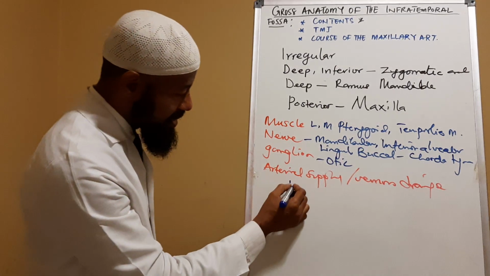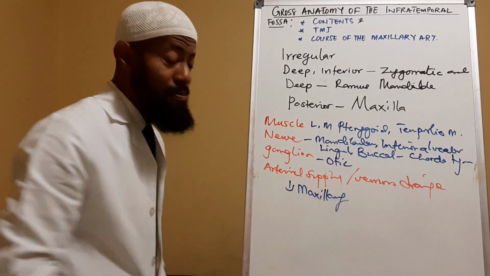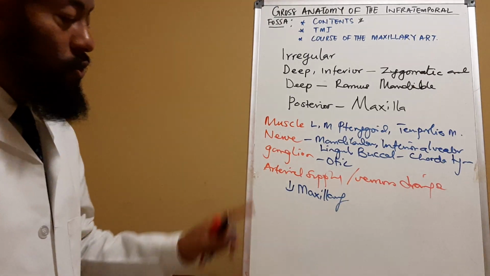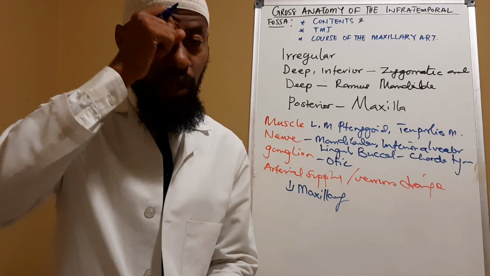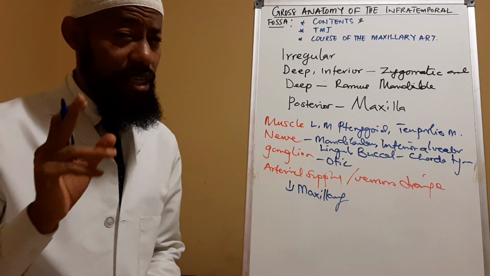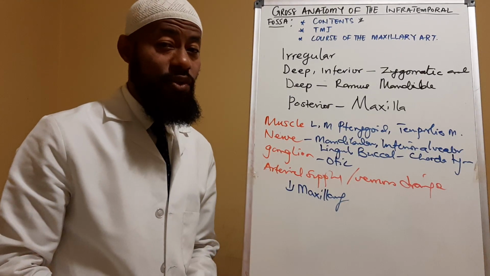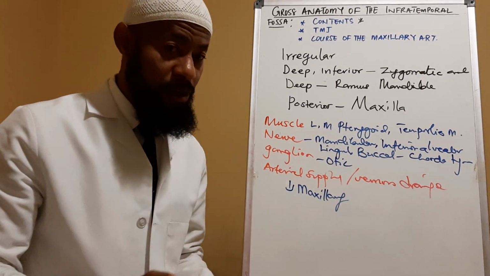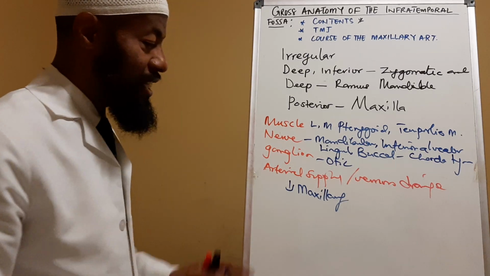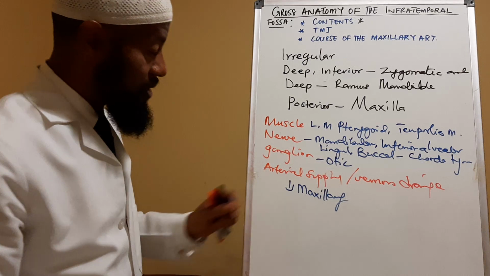The artery that is there is the maxillary artery. We're going to be talking about the maxillary artery in a short while. The maxillary artery is a branch of the external carotid artery. Take note of that. The branches of the maxillary artery are numerous in that region, so it is important that we talk about these branches in our subsequent lecture.